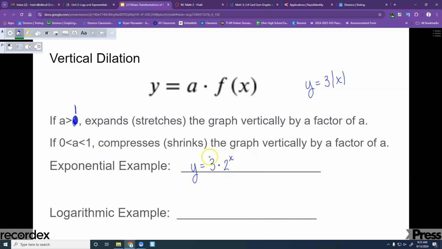This one gives kids trouble. It's hard to separate the base from the number that it's stretching or shrinking. But we are allowed to use Desmos on everything. So when you're unsure, type it into Desmos and match up your points. For the log example, it would look like this: 3 times the natural log of x.